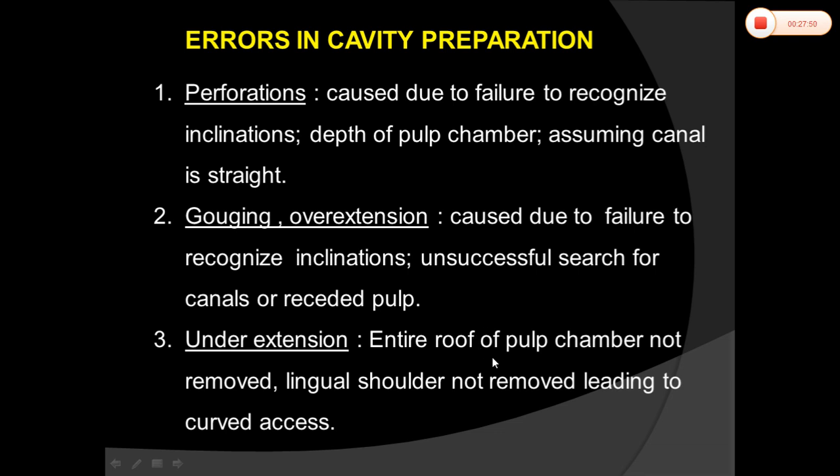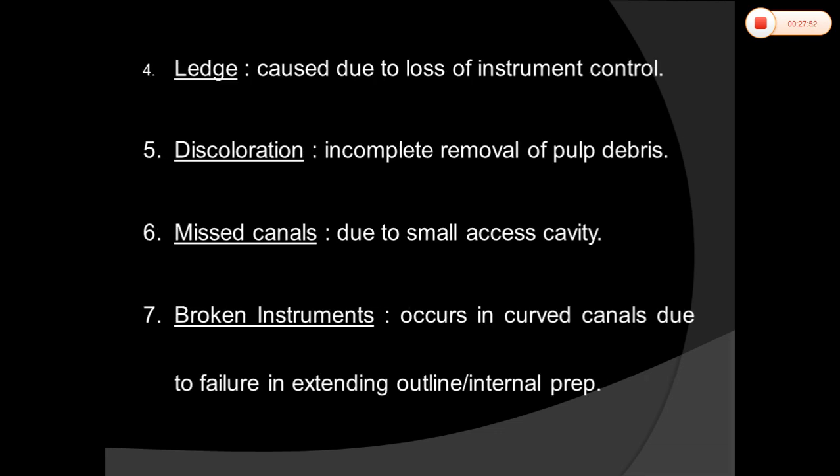And under extension, I think we have seen a picture about this, and it's a ledge which is caused due to the loss of control on an instrument, discoloration, incomplete removal of the pulp, debris or tissue, missed canals, definitely because of inadequate access openings, and fractured instruments seen most commonly in curved canals because of failure in getting a good outline form or internal preparation.